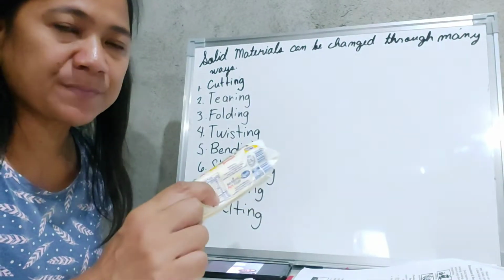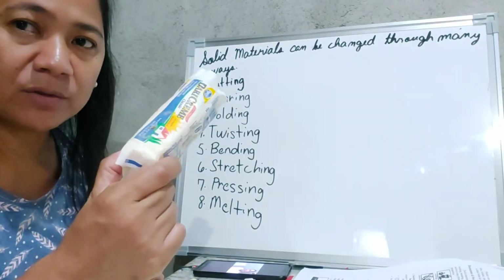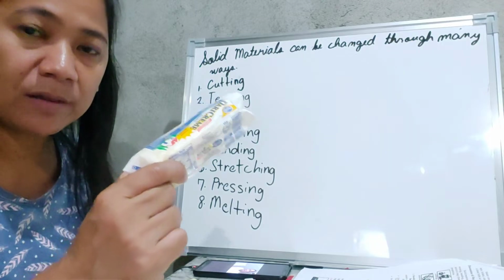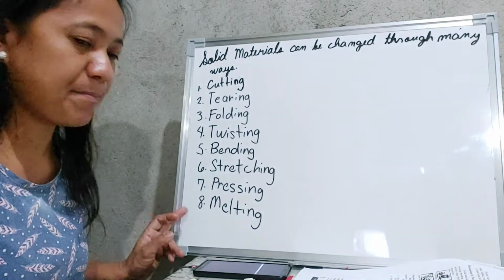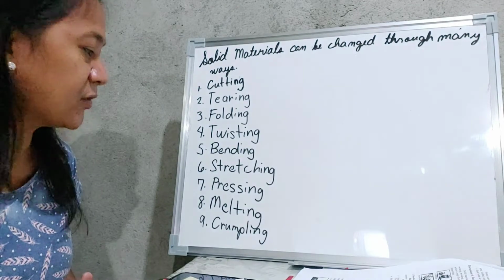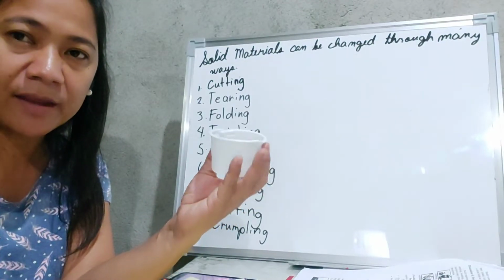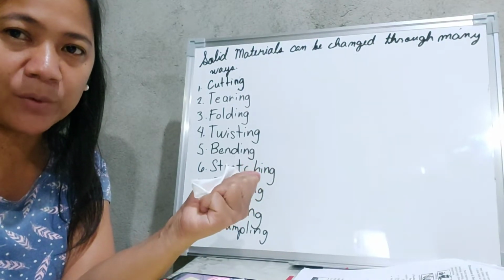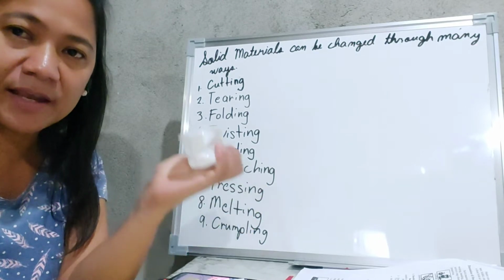If I expose it outside the refrigerator, what will happen to the butter? It will be melting. Number 8 is melting. And number 9 is crumpling. So what is crumpling? I have a cup here, and if I do it, that is crumpling.